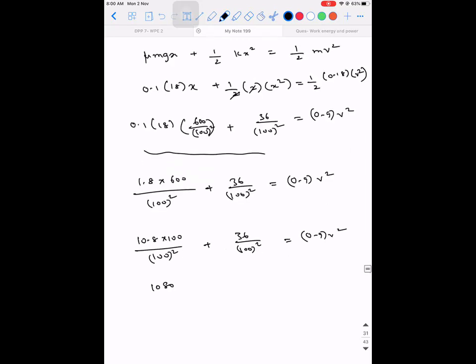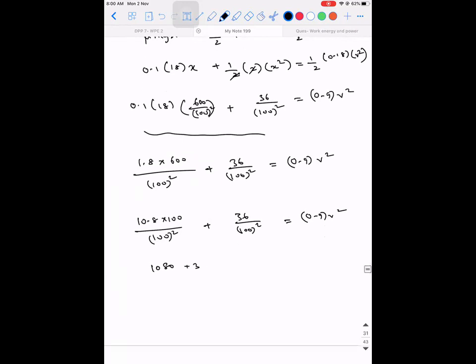So it will be 1080. 1080 plus 36 divided by 100 square is equal to 0.9 V square. So how much is the answer, guys?